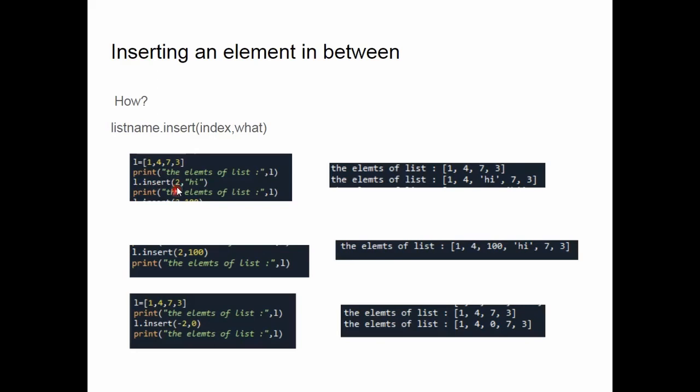I want to insert at index number 2, which means I am inserting at position number 3, and what I am inserting is a new value. This is going to modify your entire list, so the original list will be affected or modified. If you print the original list, it will show the list after modification, after insertion.